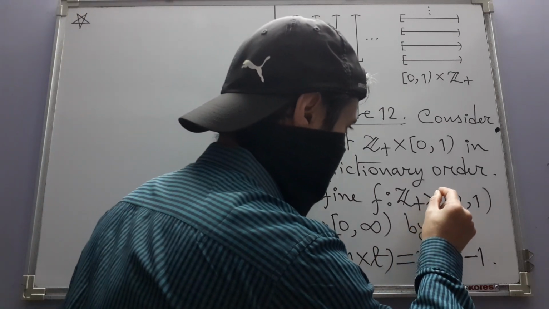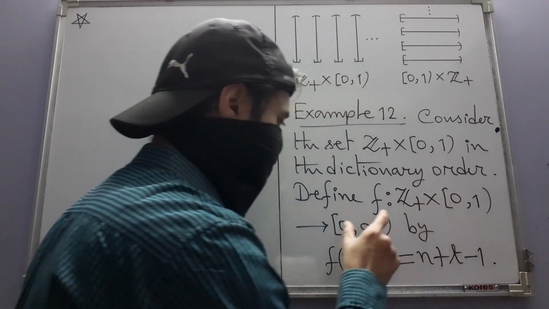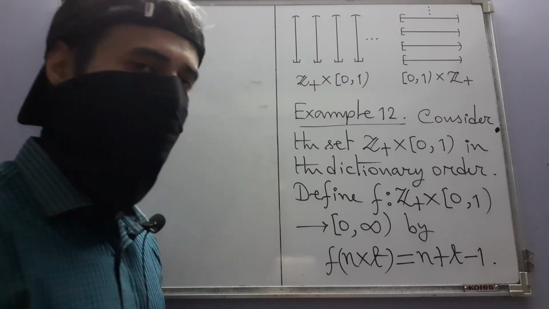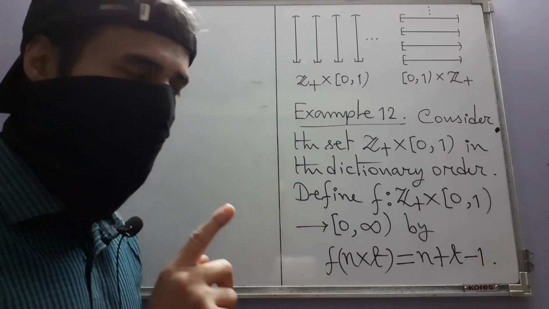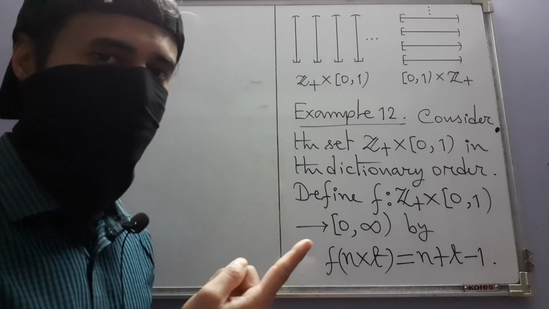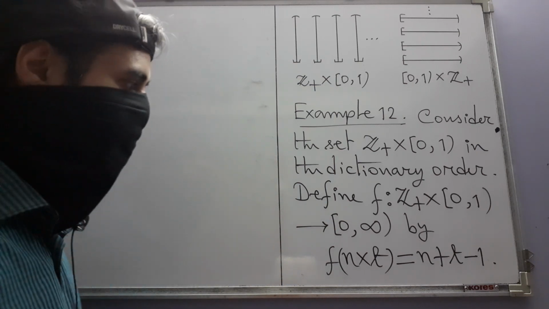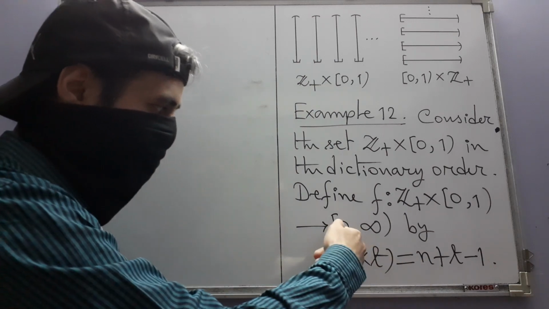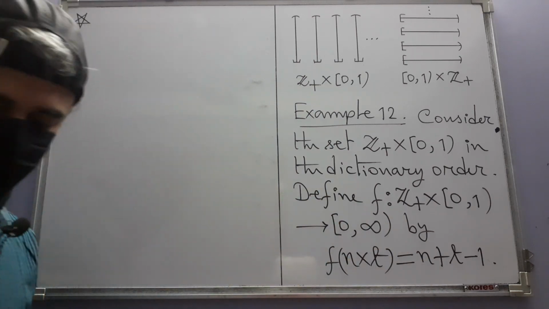You take any input from the domain, the output according to the rule of the function should lie in that other set. That is the first thing. And the second thing is that for each input there should be only one output, uniqueness of output. Let us first see if our output really lies here or not.